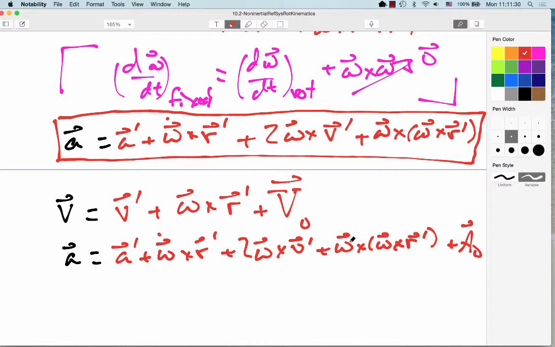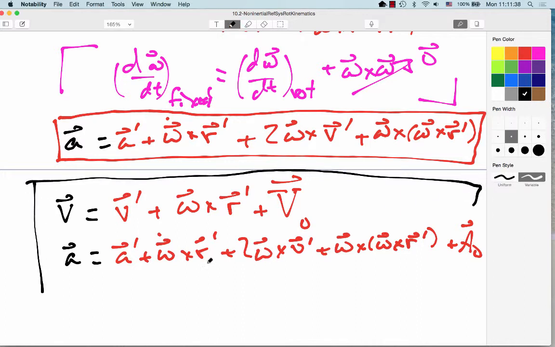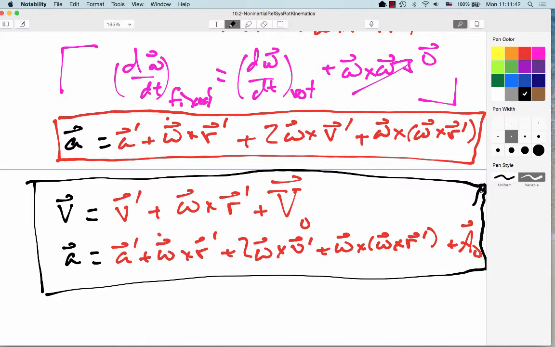Whew. All right, so that is our final result. Now, each of these terms in our acceleration has a name. So let's go ahead and name them.